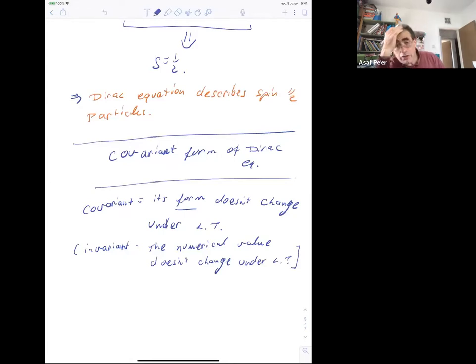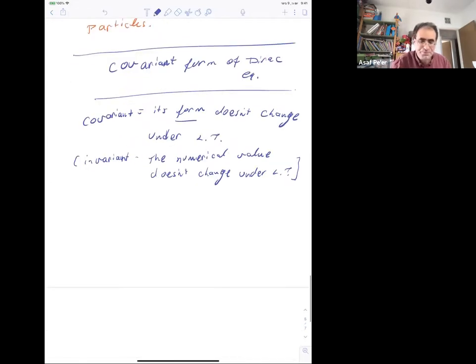So how do we get the covariant form of the Dirac equation? Again, it's a very simple manipulation. I take everything to the left first, and then I multiply by beta from the left.